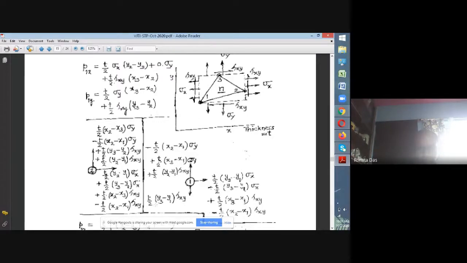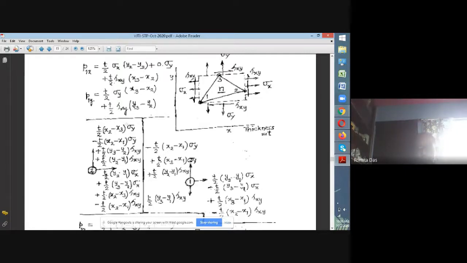Similarly, the vertical load, if you add up, is t by 2 sigma y x3 minus x2, plus t by 2 tau xy y2 minus y3 minus y2, plus 0 into sigma x. No sigma x is there. So it consists of 3 terms. In this case, you have sigma x and tau xy, no sigma y, and in the vertical direction, you have sigma y, no sigma x, plus tau xy.